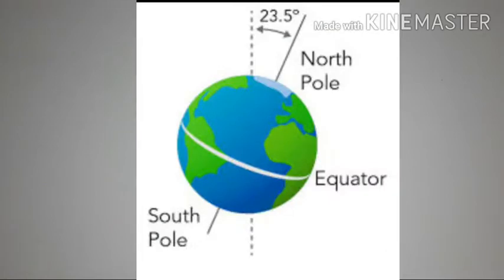Now you tell me, what is axis? You already know what axis is because you learned about the axis in chapter 2. Axis is an imaginary line which connects the North Pole and South Pole through the center of the Earth.